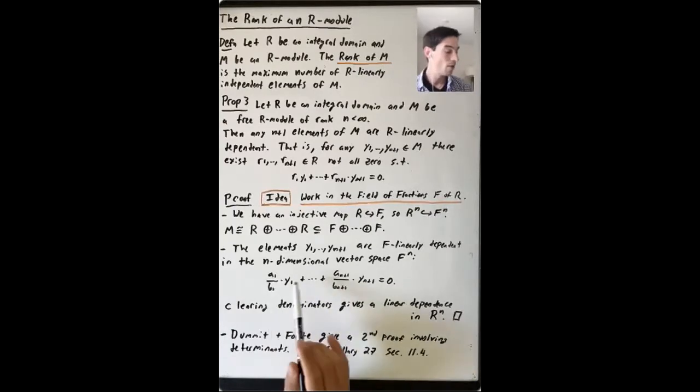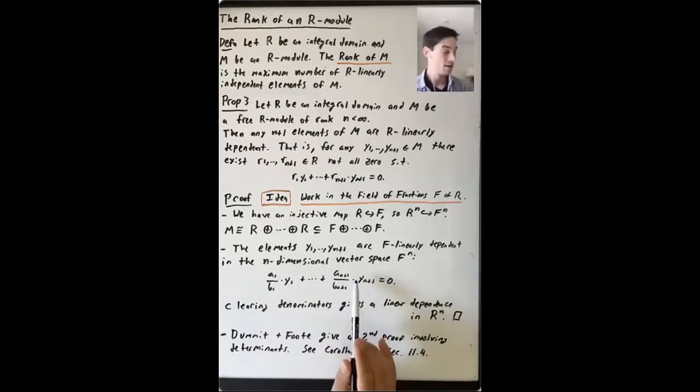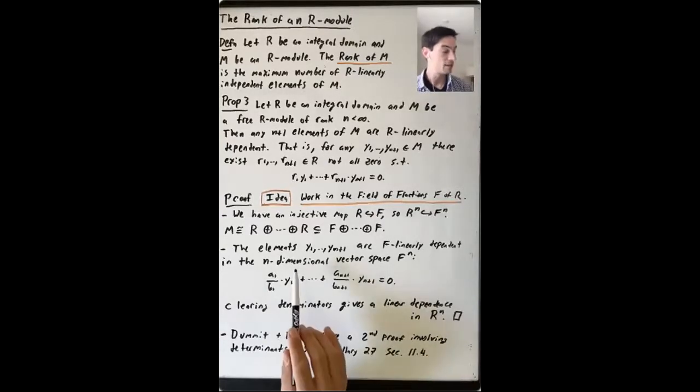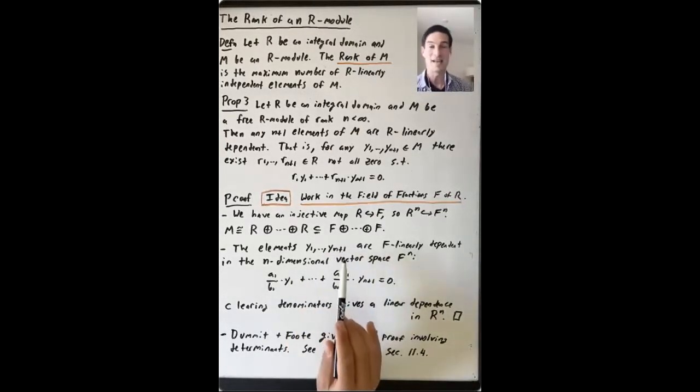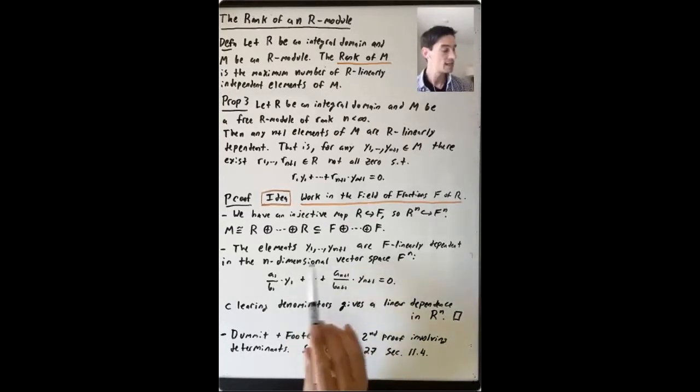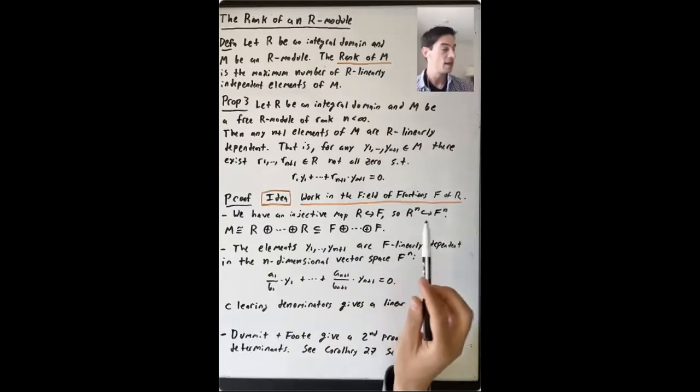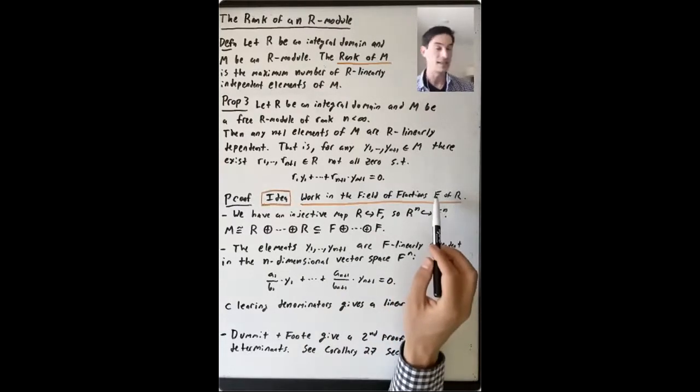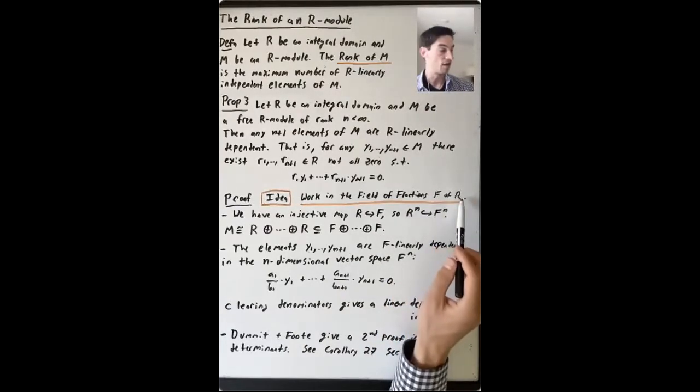And now what we're going to get is a non-trivial linear dependence where the coefficients are not in F, but are in R. So this shows that these n plus 1 elements of M are linearly dependent over R. So that's the end of the proof. The big idea here is instead of working in R, work inside the field of fractions F of R.